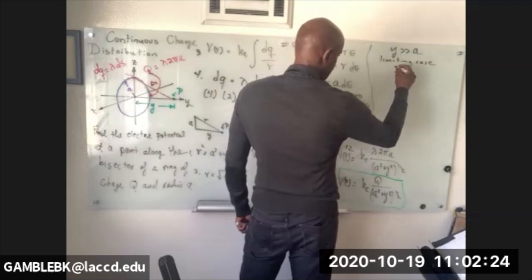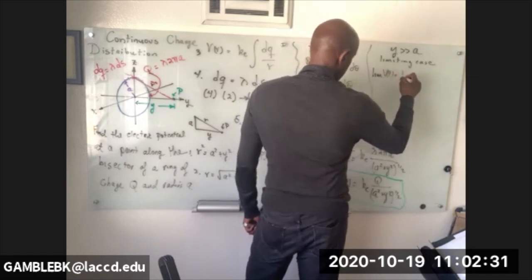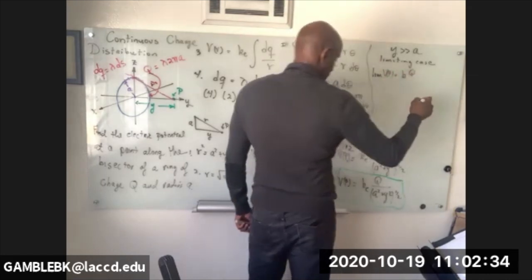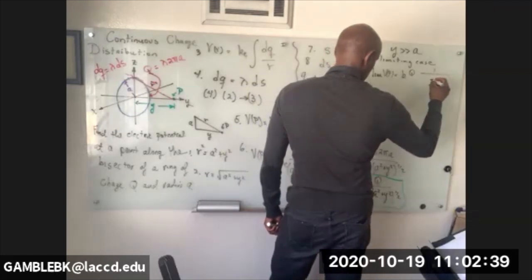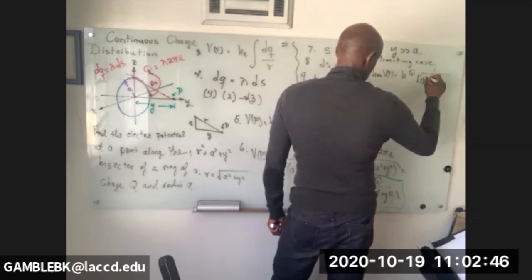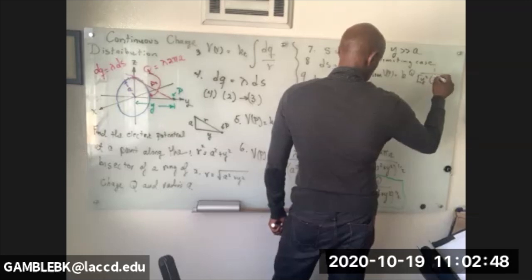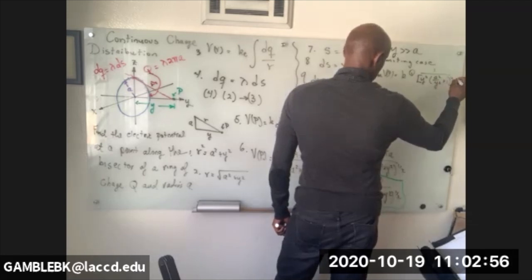So it'd be something like, the limit of V sub P is, you have k, q, and then in this thing, it's going to be 1 over the quantity y squared times a squared over y squared plus 1, all of that to the 1/2.